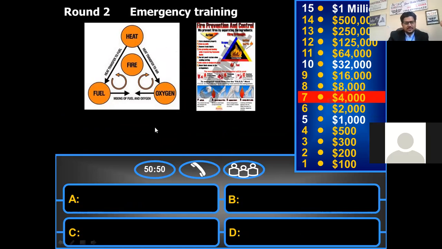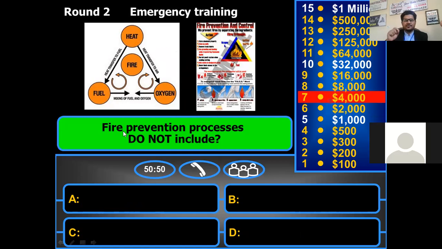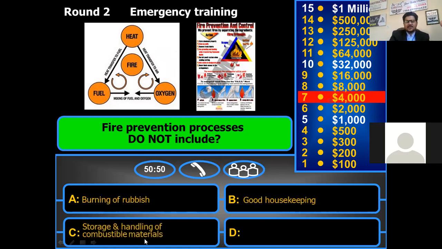The question is, fire prevention processes do not include burning of rubbish, good housekeeping, storage and handling of combustible materials, hot work permits like welding, brazing, cutting, abrasive blasting. Okay, so you're gonna go with A. Correct, mashallah.